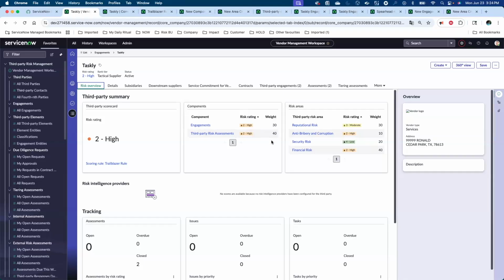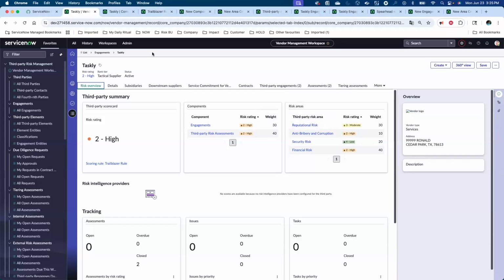So 140 by 70 is equal to 2. That translates into the risk rating of too high. That is how the weighted average of the components is taken to derive the risk rating. Again, the scale was applied. As we wrap up, we'll take a look at the scales as well, but that is how this pans out.